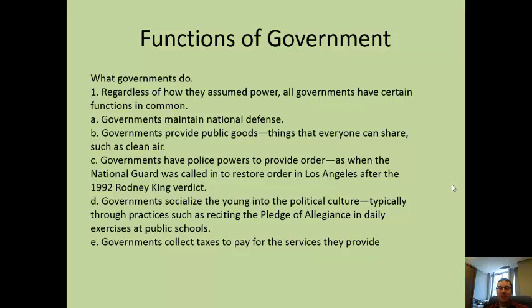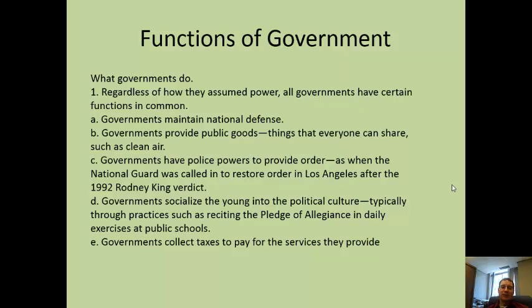Governments socialize everyone into political culture. So part of that is, governments institute things like flags, pledges of allegiance, national anthems, the Declaration of Independence, which we'll look at today.